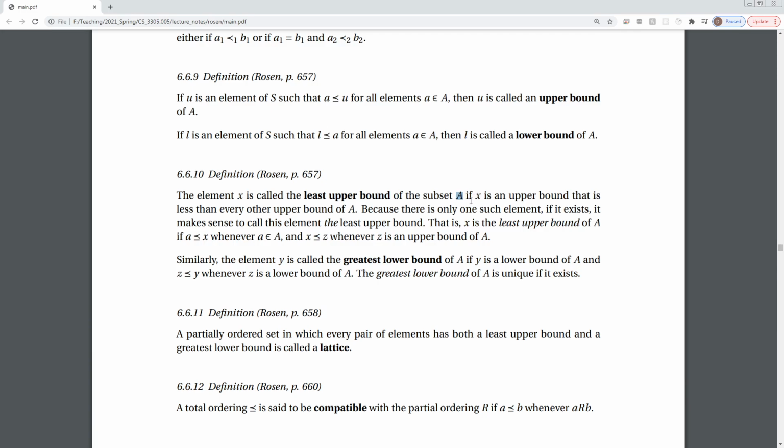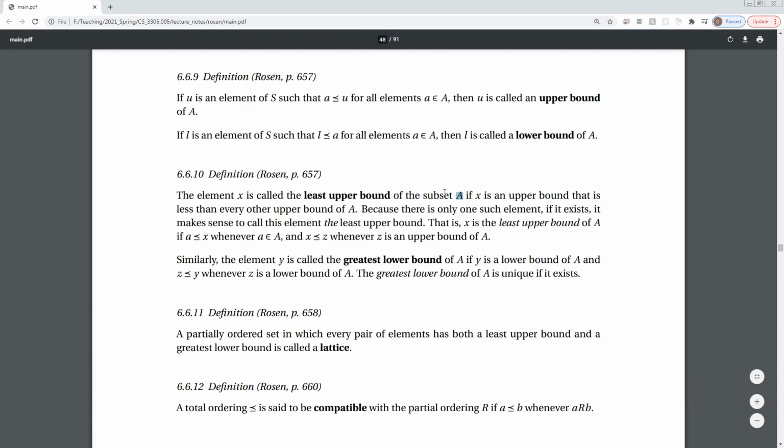Okay, so if we have it and it's the smallest of all upper bounds, then it's called the least upper bound. And because there's only one such element, if it exists, it makes sense to call it the least upper bound. So it is unique whenever it exists.